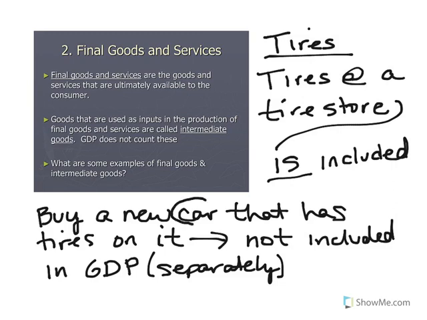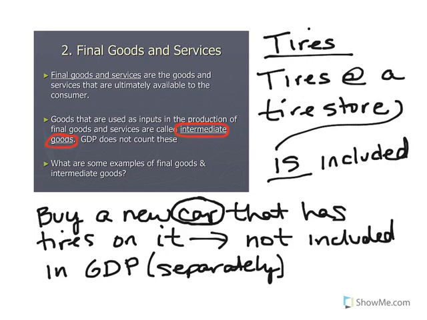So the car would be the item that was included in GDP because that was the final good that was actually sold to the consumer. All the inputs that are on the car, their individual values are not included in GDP because those were again what we call an intermediate good.